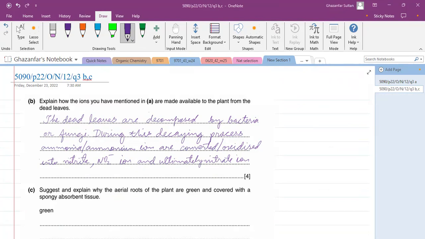And this process is called nitrification. This conversion of ammonia into nitrite and nitrate is called nitrification.